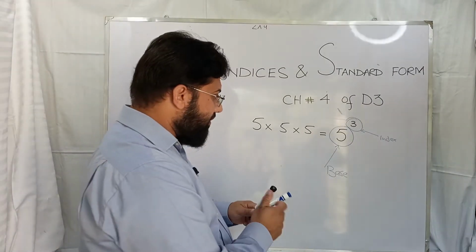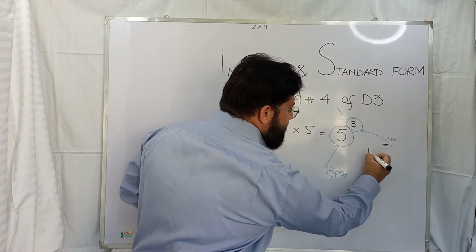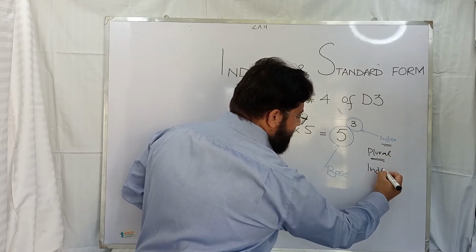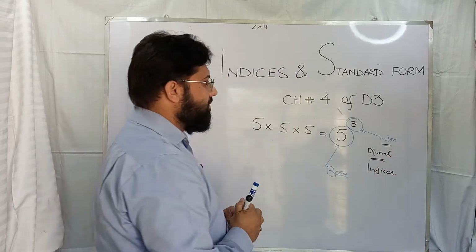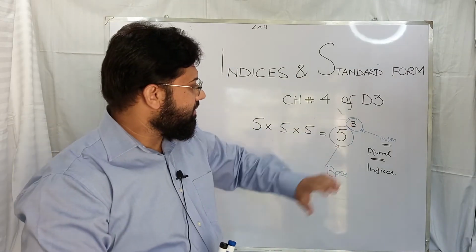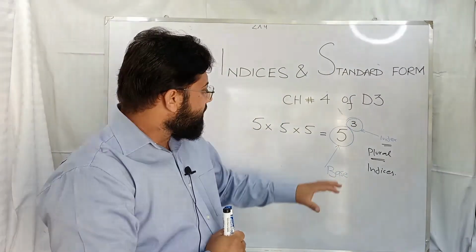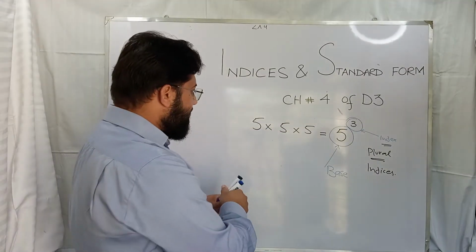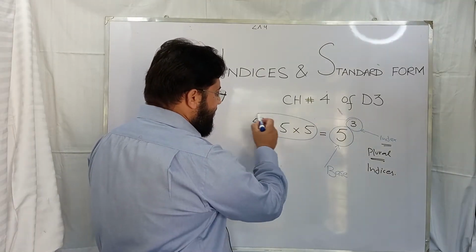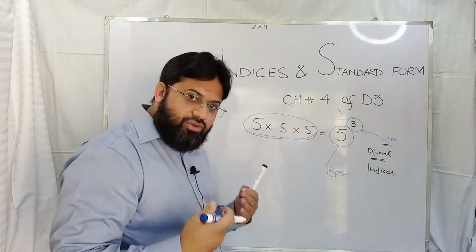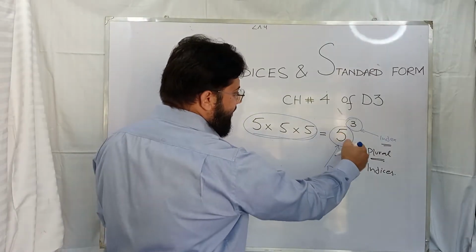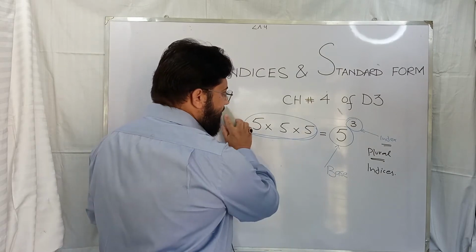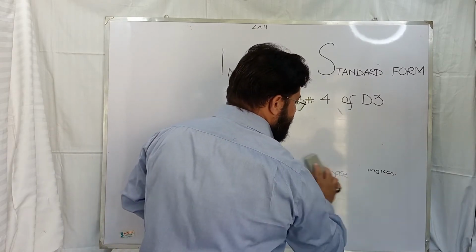Index is singular and its plural is indices. So this is called the index notation. If I write 5 into 5 into 5 in index notation form, I'll write it as 5 to the power 3.